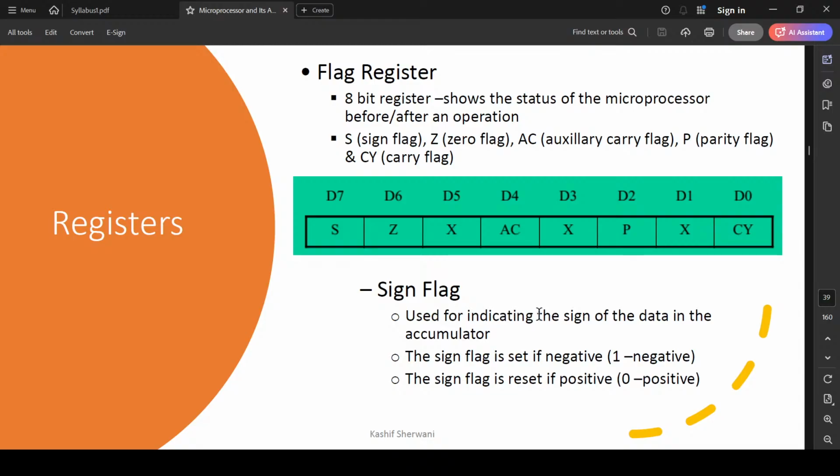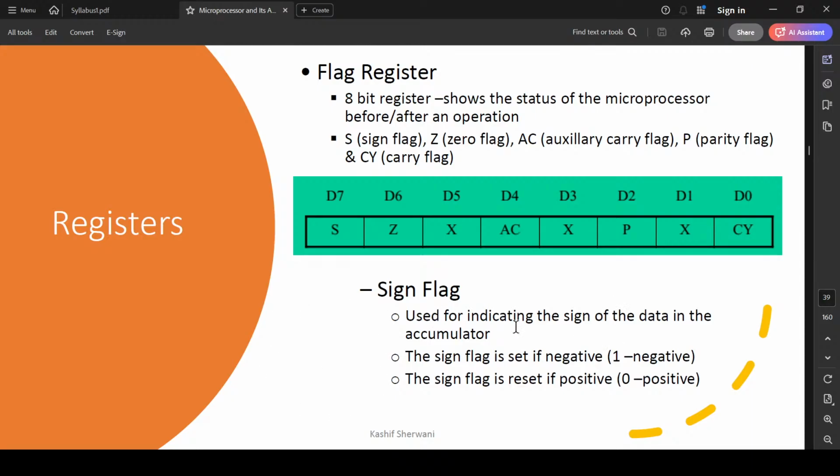So, it is used for indicating the sign of the data in the accumulator. Just like the example I gave you, 4 minus 5 is minus 1. So, we can see the sign flag is set if negative. Minus 4 is the answer, so minus 1, 0, 0. Minus can be represented as 1.